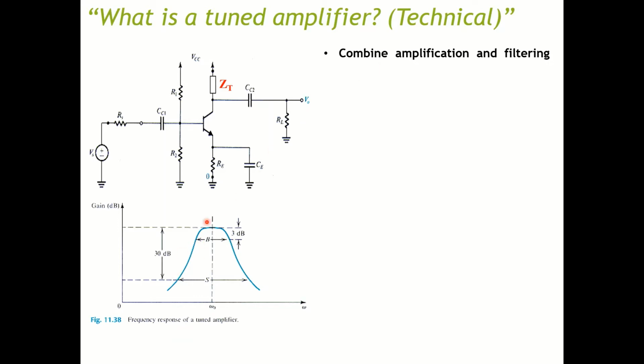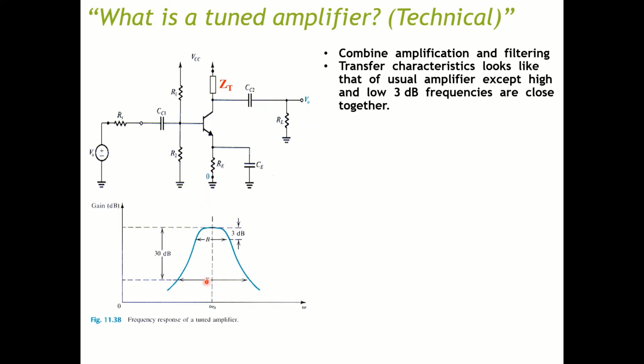As you can see in the gain plot here, it amplifies, but it also filters everything outside of the resonant frequency. The transfer characteristic looks like that of the usual amplifier, except the high and low 3 dB frequencies are very close together. So instead of a wide band pass, you can have a lower bandwidth.